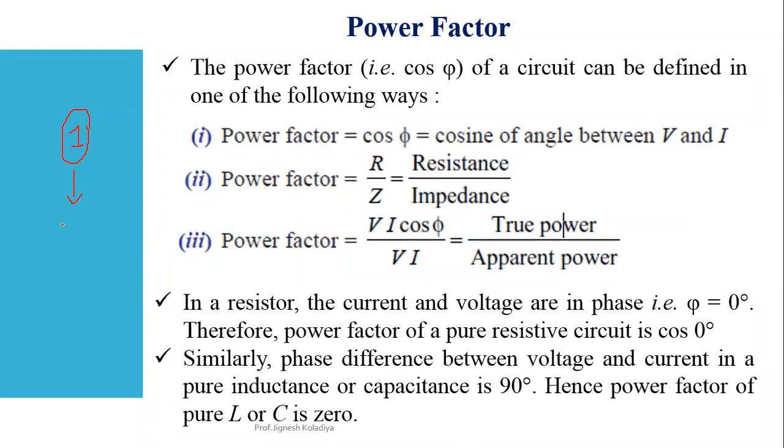So you can take 0.95, meaning only 5% is losses, and you are getting 95% output across the load. 0.98 means 98% output, but it's not possible to maintain it at unity. I hope all of you understood the power factor and its significance.